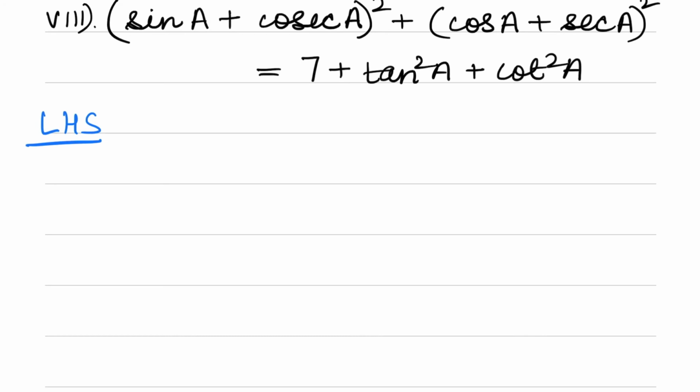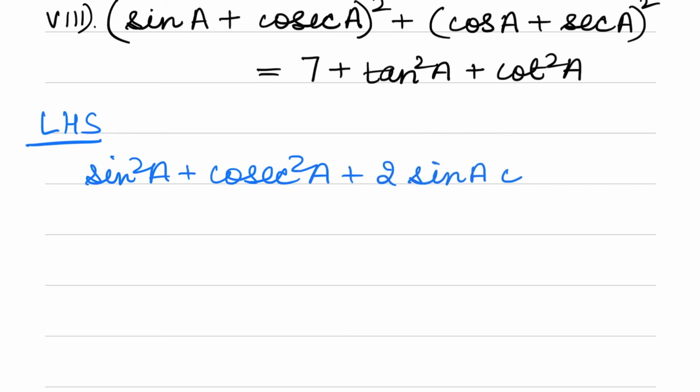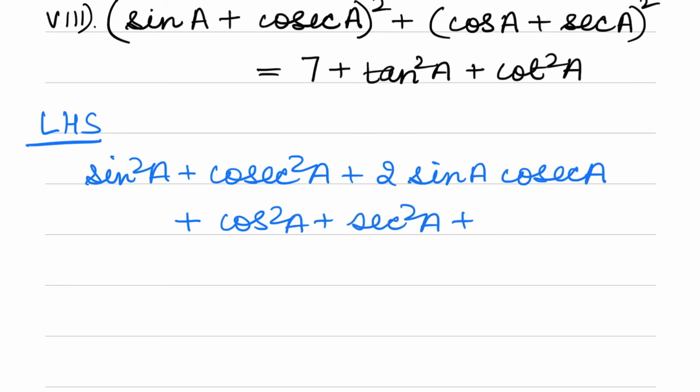So I can write down this as sin square a plus cosec square a plus twice sin a cosec a, and for the second term plus cos square a plus sec square a plus twice cos a sec a.